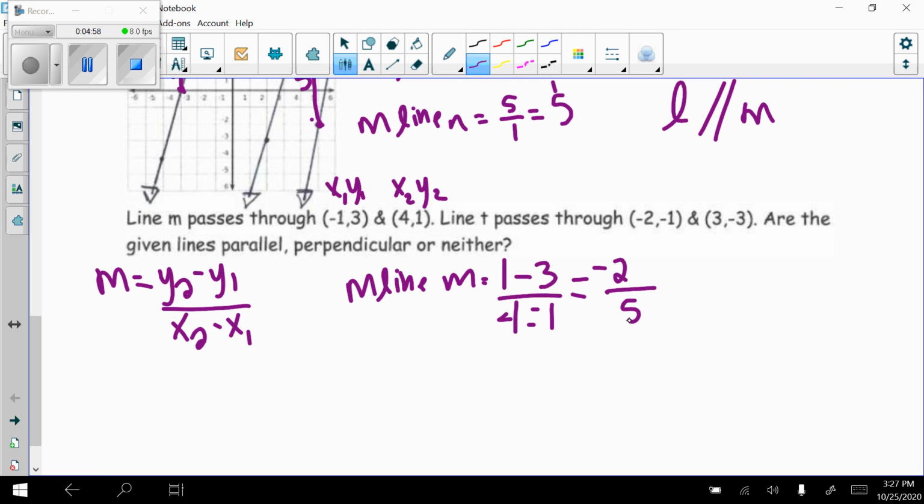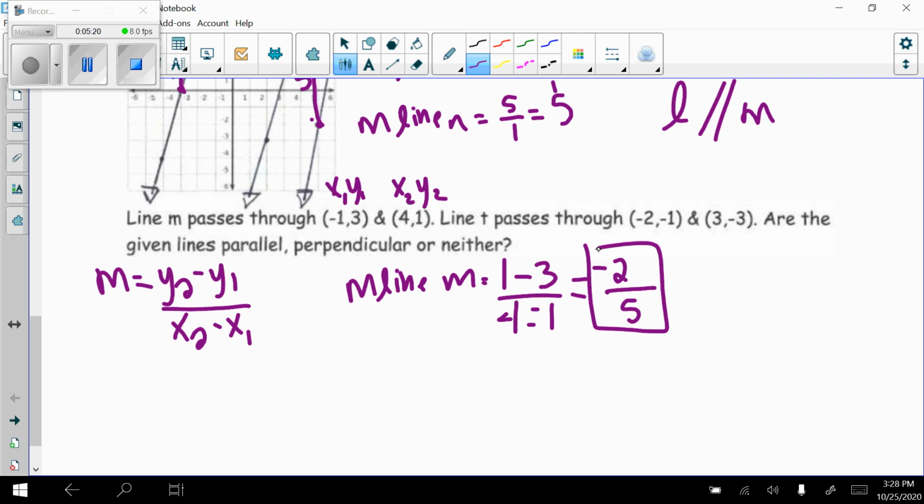I cannot reduce it, and my larger number is not on top to divide it out. So this is the slope of line M, -2/5. Remember that we talked about last week, if it has a negative slope, that means from left to right, the line is decreasing. So for my 2 points, instead of going up and over, I had to go down and over.